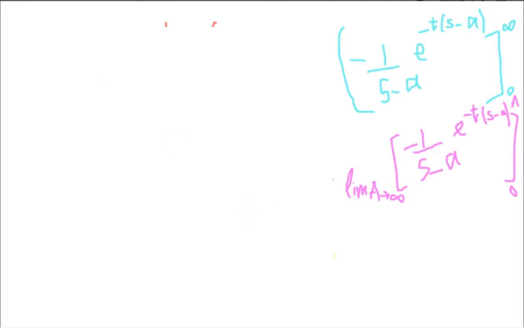So what will be the next step? Let us put this limit from 0 to a. This term will become minus 1 over s minus a. This is common. We shall take the limit of this term only.